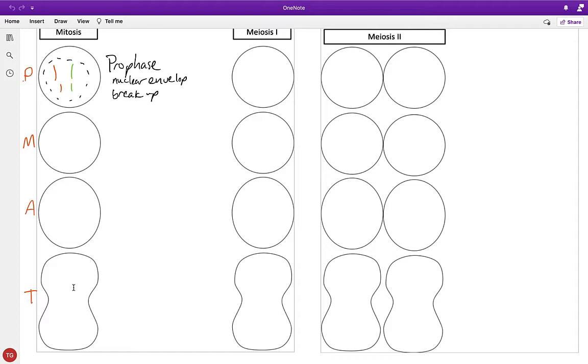Now, I want to make this look as it would if we were actually undergoing the division process. So in order to do that, I'm going to need to have these duplicates in here, and they're going to be stuck together at some centromeres. These look a little bit like K's. Sometimes we draw them kind of like X's.